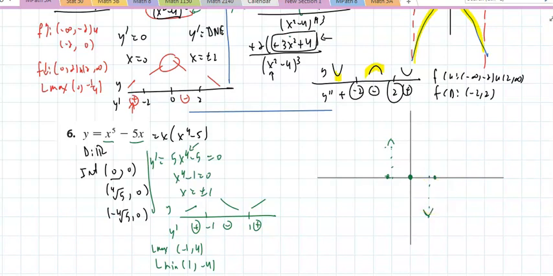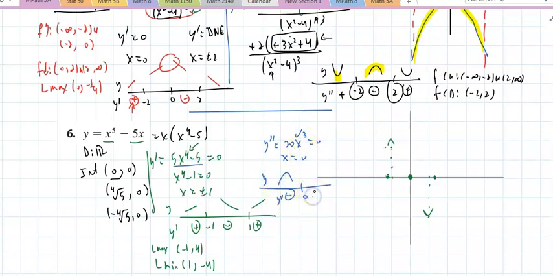Just to be able to finish, I'm going to tackle the second derivative. That is 20x cubed equal to 0 when x equals 0. So 0 is the only point I can worry about. If I pick -1, put it in there, that's a negative, concaving down.